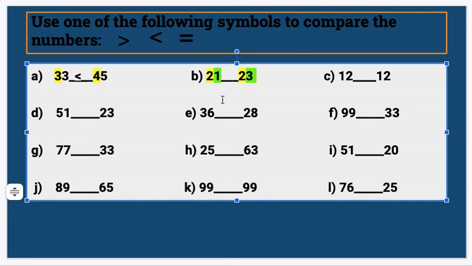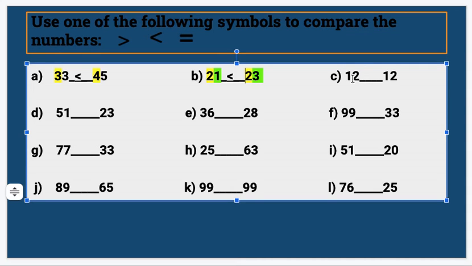Remember, the small pointy end faces the small number and the big open end faces the big number. Here our big number is 23, and we're comparing 21. So I'm going to show 21 is less than 23. That's good. Awesome.